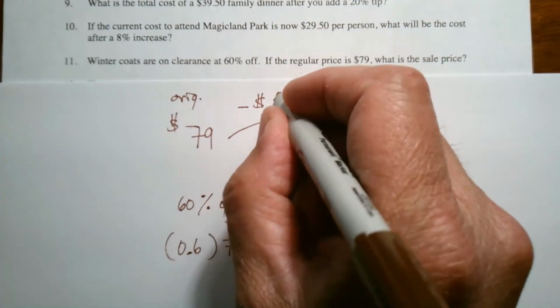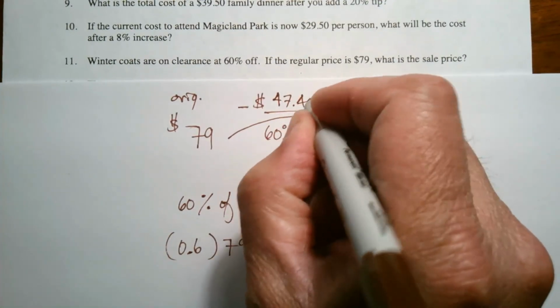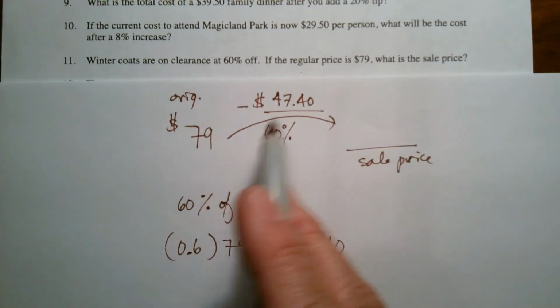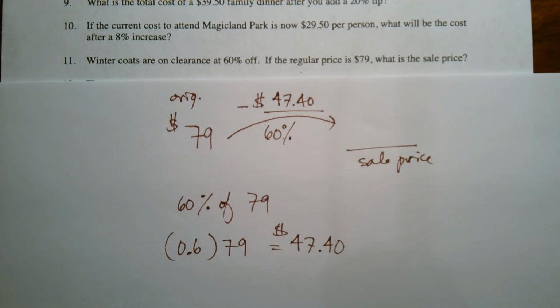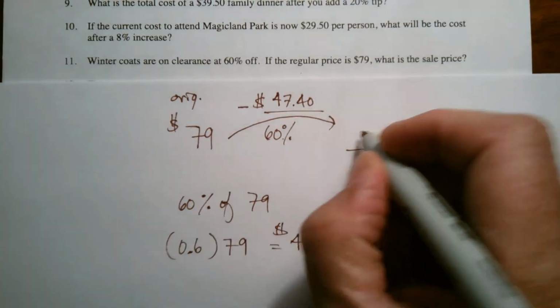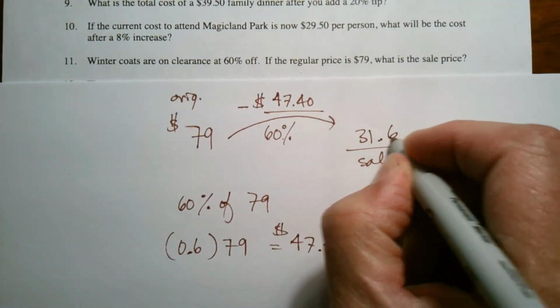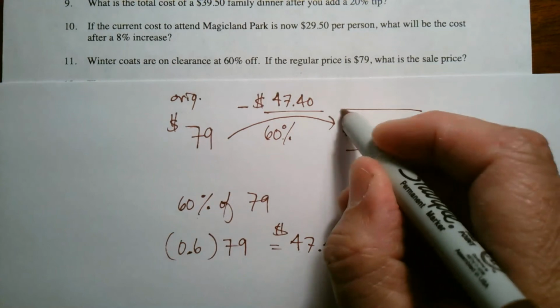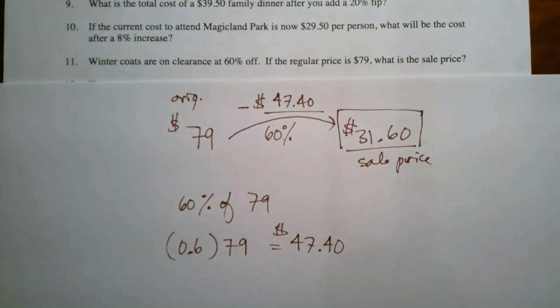So that's what's going to be the discount, 47 and 40. So now to figure out the sale price, I take 79 minus that, and I get 31.60. So the sale price would be $31.60. Okay. There we go.